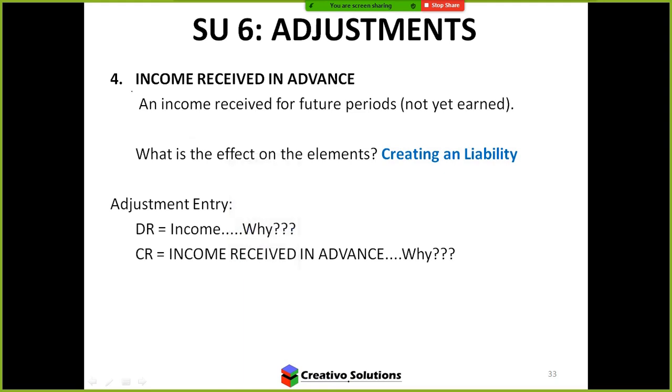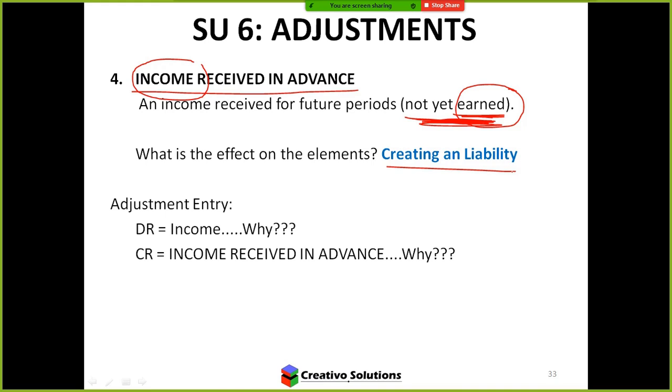It's because the business has received income and they haven't earned it. Notice the words I'm using here. It's not yet earned. It cannot be income if it hasn't been earned. Income is recorded when it's earned. So if it's not yet earned, it's a liability. Make sense?